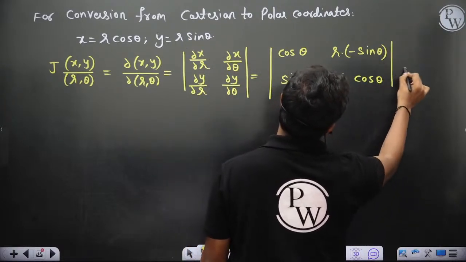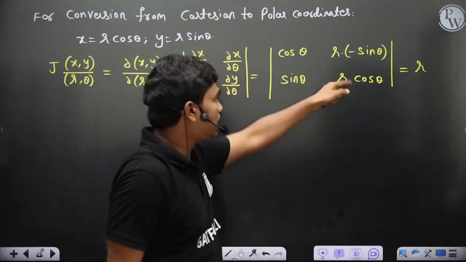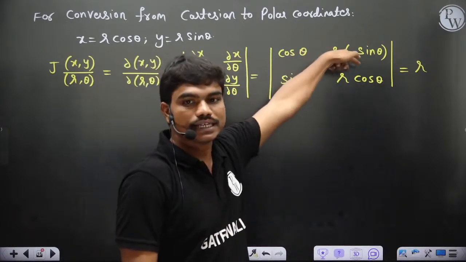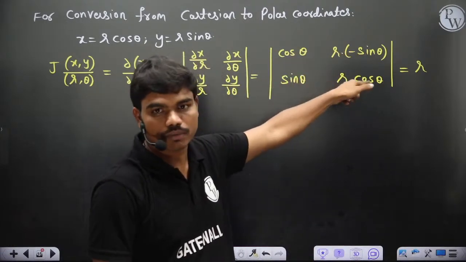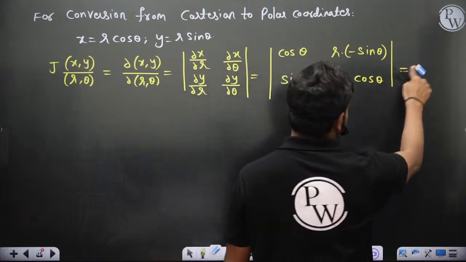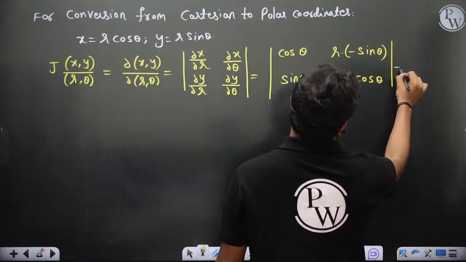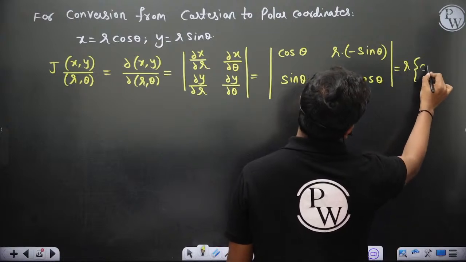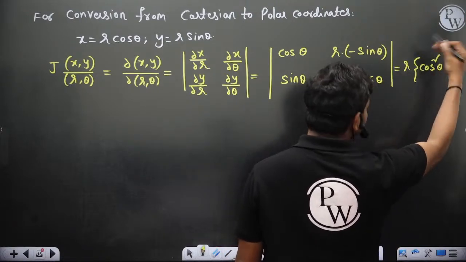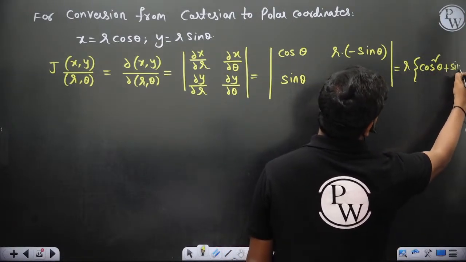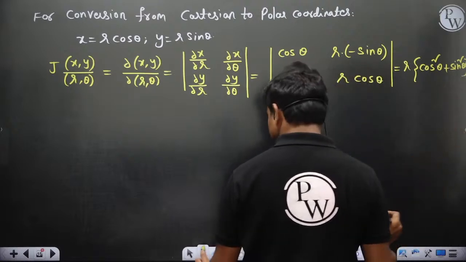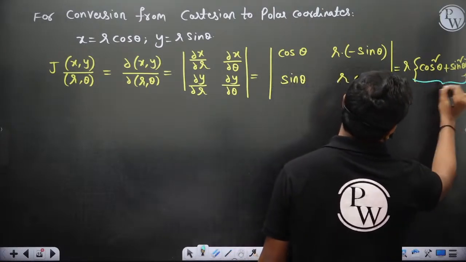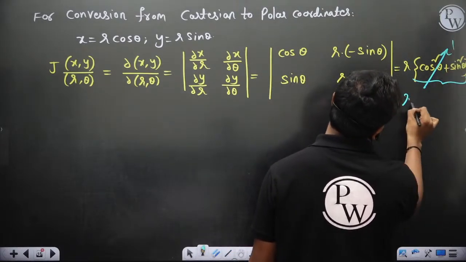If you calculate this determinant, the value is r cos square theta minus, minus r sin square theta, that is, r cos square theta plus r sin square theta. If you take r common, you have cos square theta plus sin square theta, which is an identity at any given value of theta, so this value is always 1. So the value is r.